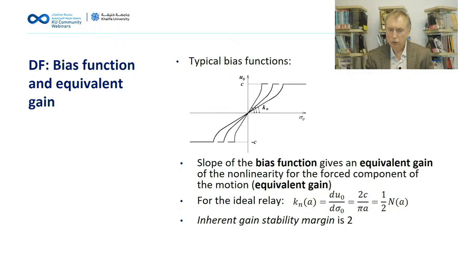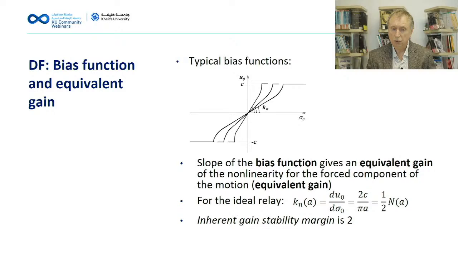And if we recall what N of A is, N of A was 4C over pi A. So Kn is exactly just half of N of A. And because Kn is used for describing the propagation of external signals, or for describing the dynamics of averaged motions in the system, the dynamics of the system that describes the average motions inherently has a gain stability margin of 2.